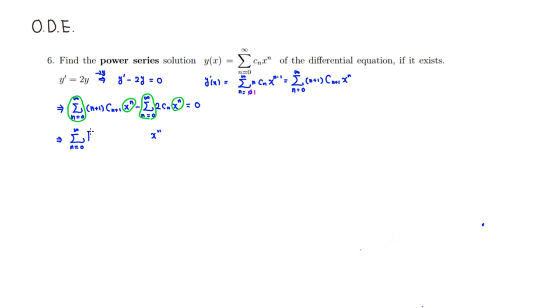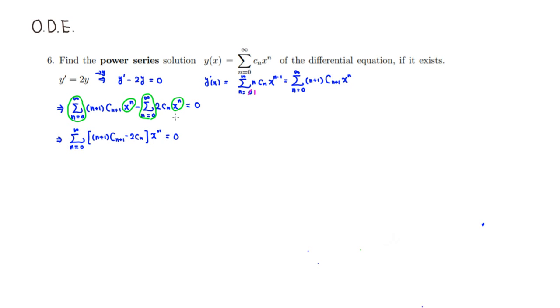What's left is, from the first summation, n plus 1 times cn plus 1, and from the second summation, a negative 2cn.